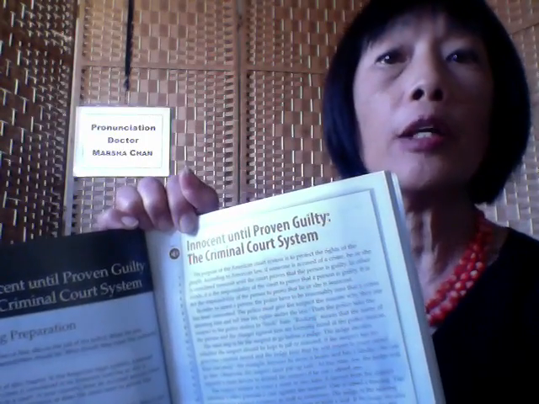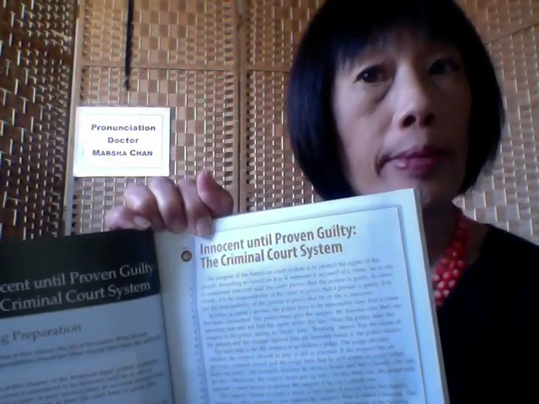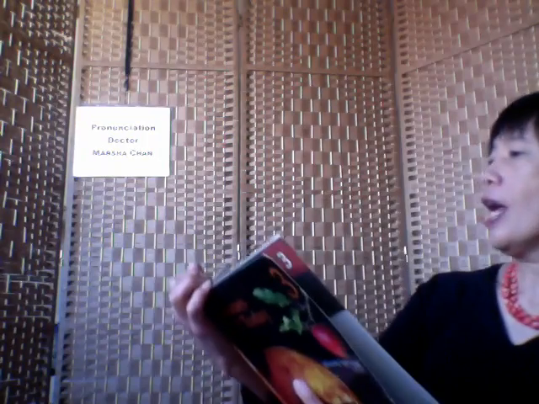Issues for today. Chapter 7, Innocent Until Proven Guilty, the Criminal Court System. The purpose of the American court system is to protect the rights of the people. According to American law, if someone is accused of a crime, he or she is considered innocent until the court proves that the person is guilty.